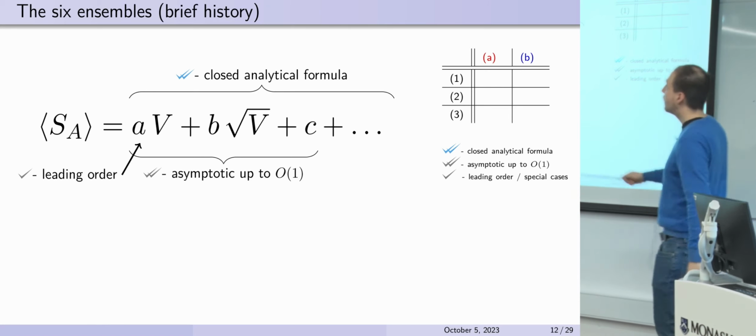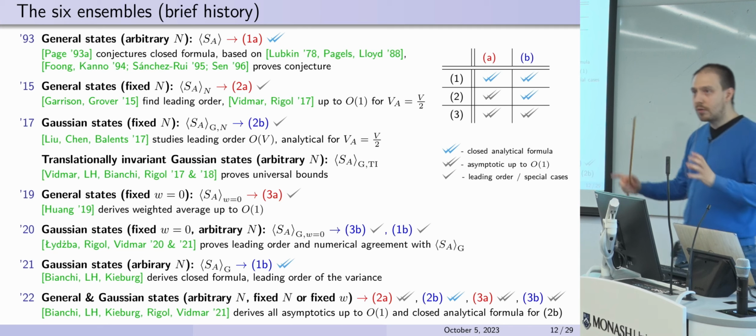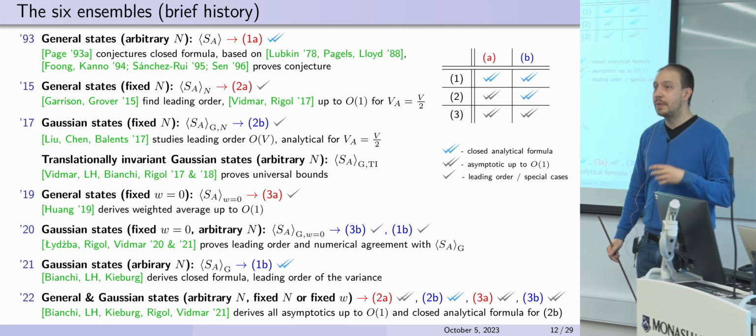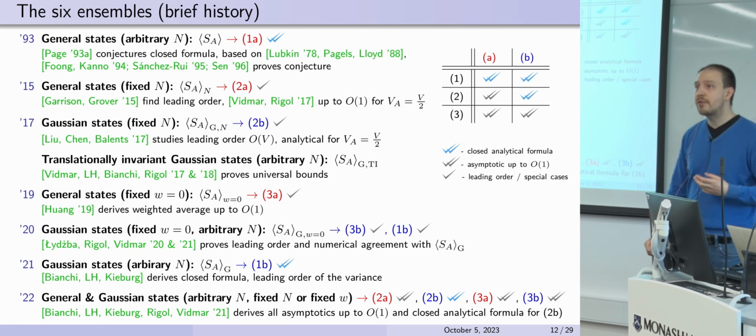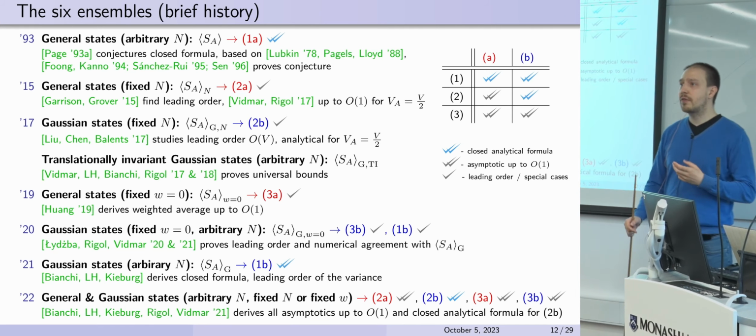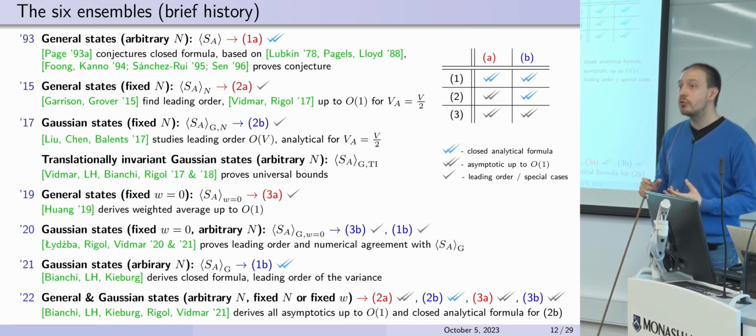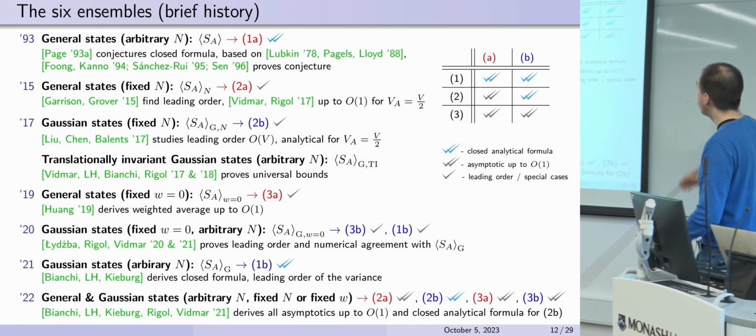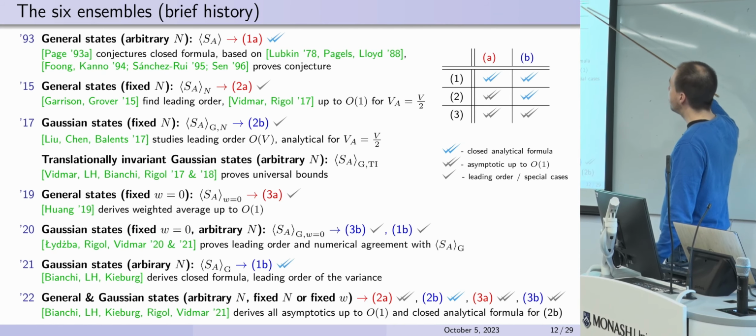And what we accomplished was by combining expertise with Mike Keyborg and Peter Forrester from the Uni Melb math department, who were working in random matrix theory, that provided crucial tools to make progress. And we could solve essentially 1b and 2b, so the Gaussian cases, completely analytically, computing the average and also the leading order of the variance.